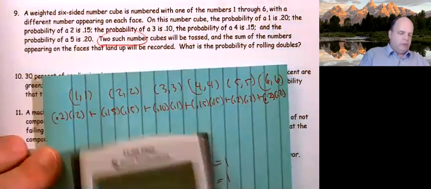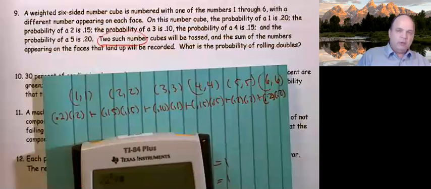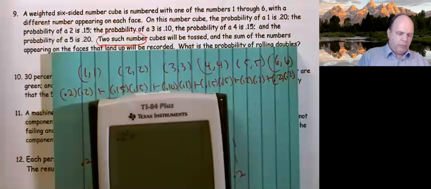So here we go. We need to add all that up. 0.2 squared plus 0.15 squared plus 0.1 squared plus 0.15 squared plus 0.2 squared plus 0.2 squared.